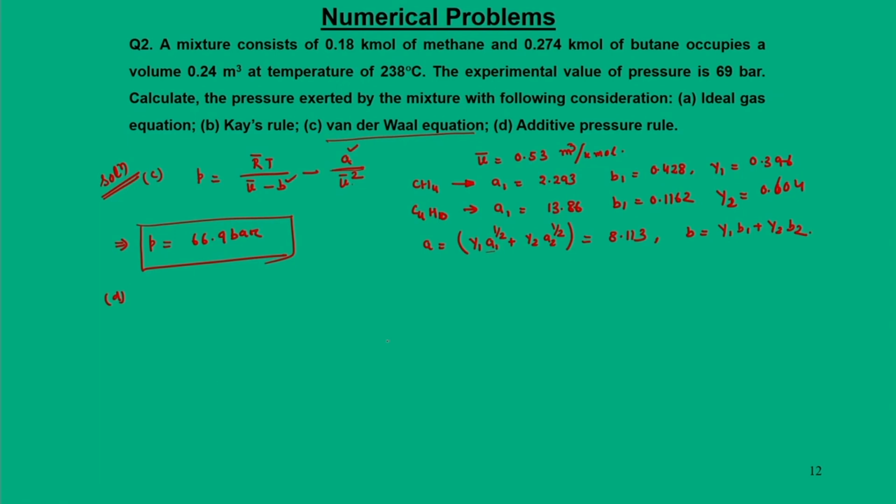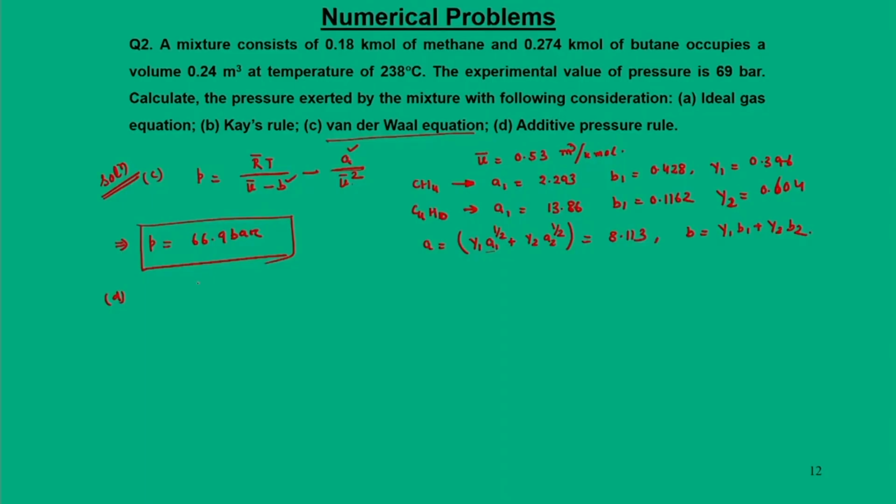Then from this effective compressibility factor you have to calculate the pressure. To do that, we first have to calculate the reduced parameters for butane and methane.